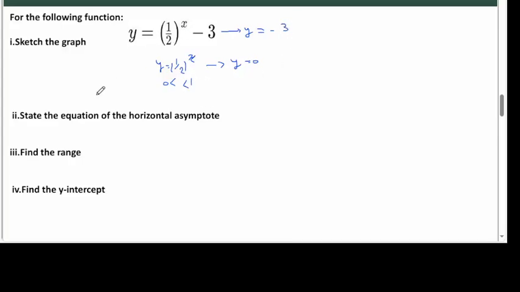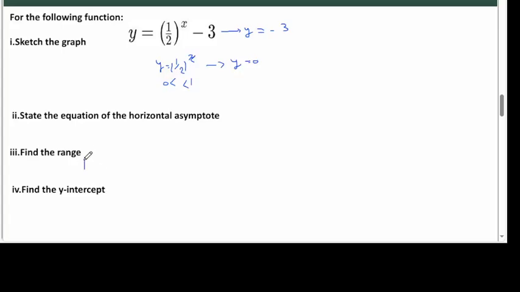And then it asks find the range. For range, we should know when it starts asymptote from -3 and it goes until positive infinity.